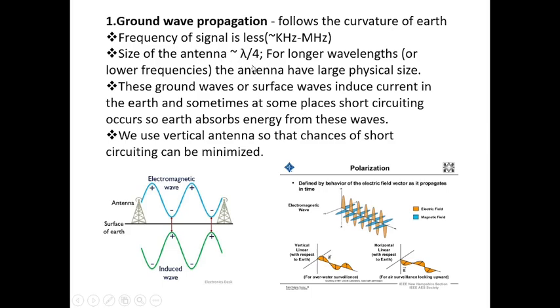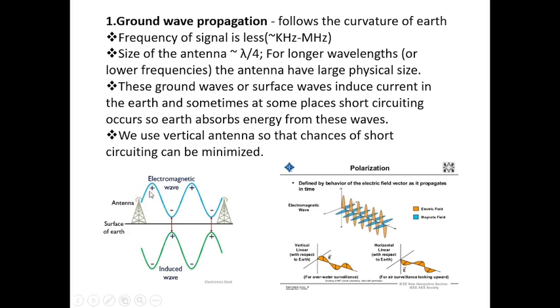Whatever the antenna size, these antennas are close to the earth surface. So these ground waves are also called surface waves, and these surface waves are influenced by the ground. We are going to see in what way they are influenced by the ground.